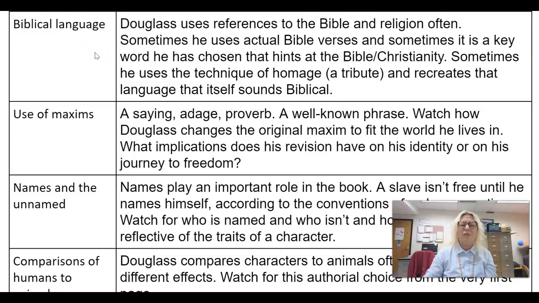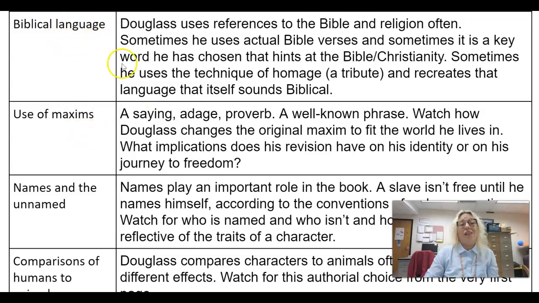Sometimes he uses the technique of homage, and people have written about this before and published works about it. He recreates famous scenes from the Bible, but not quite from the Bible. He's telling his own story, and he is doing it as an homage to a similar scenario in the Bible. An homage is like a tribute to the original author.